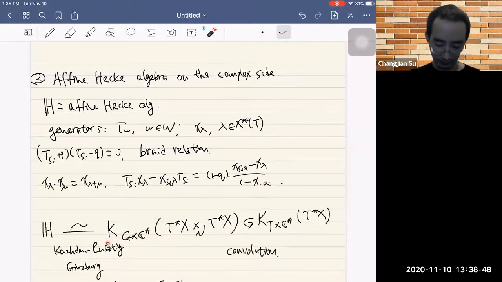This is a convolution algebra, and this algebra is isomorphic to the affine Hecke algebra due to the work of Kazhdan, Lusztig, and Ginzburg. And then again using convolution, this convolution algebra will act on the torus equivariant K-theory of the cotangent bundle of the flag variety.